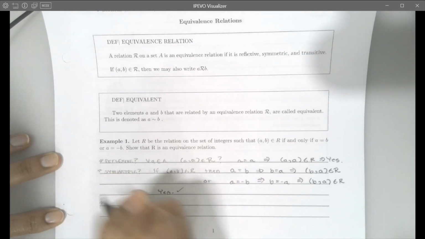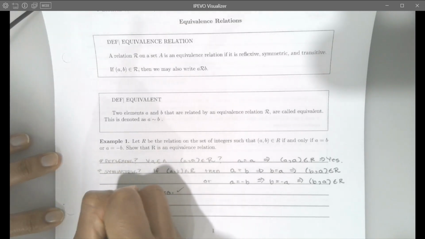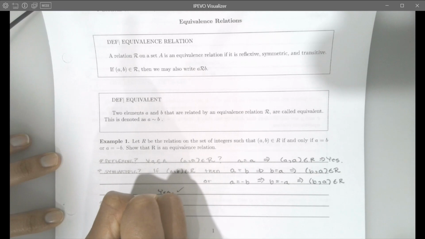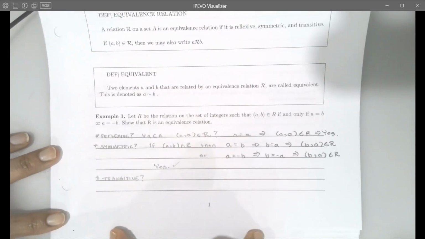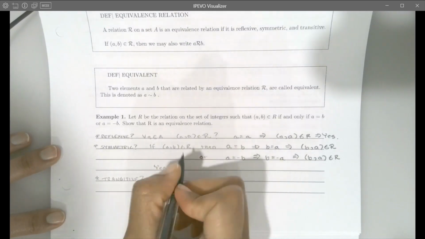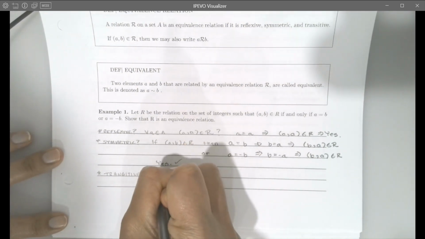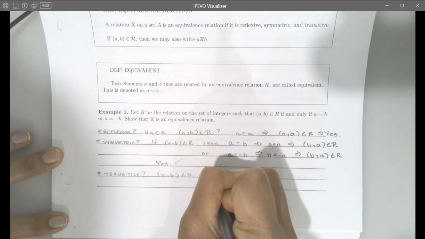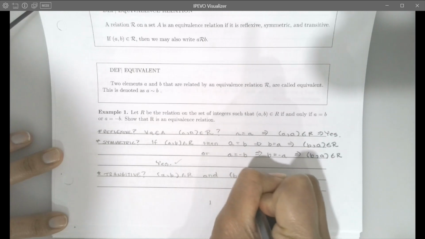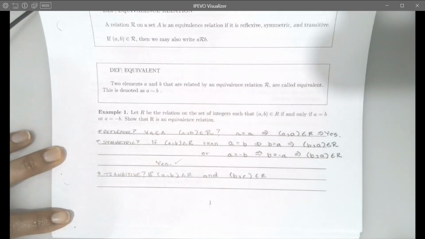Okay, and the last property is transitive. Is it transitive? Well, again, we're going to take some arbitrary elements: let's take (a, b) in R and (b, c) in R. So what happens if this is the case?